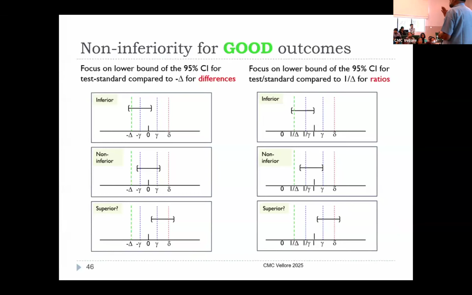You would be, if you are lucky enough to get a very large effect. If your effect is small, let's say your effect is this point here, and you have a small sample size, your confidence interval is likely to be very wide.